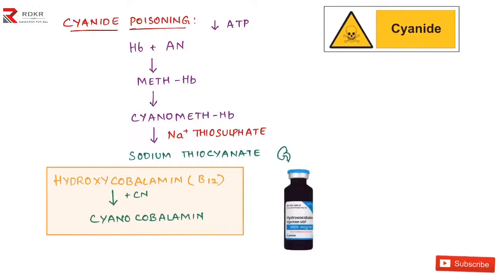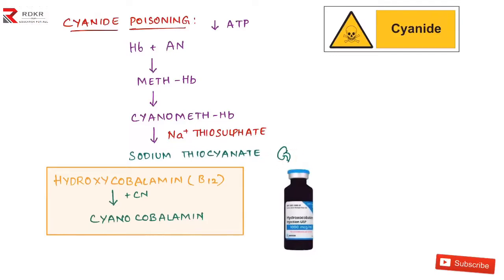When they both combine, methemoglobin is formed, and later this methemoglobin, when it reacts with the cyanide which is present in the blood, forms cyanomethemoglobin. And now you give sodium thiosulfate, and after giving this, the cyanomethemoglobin is converted into sodium thiocyanate. So now sodium thiocyanate can be excreted through the kidneys.